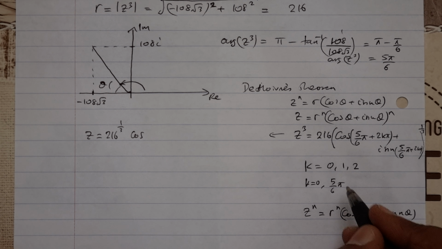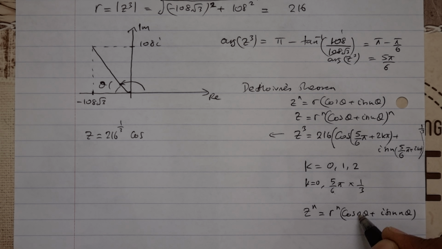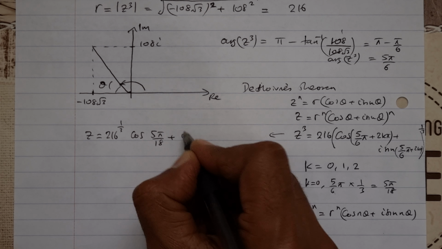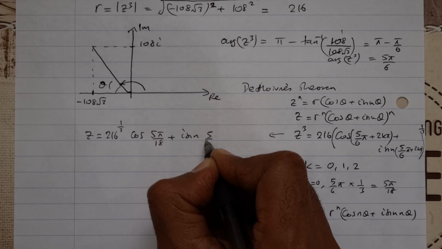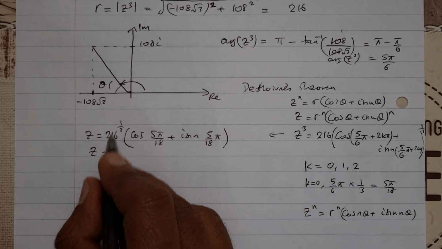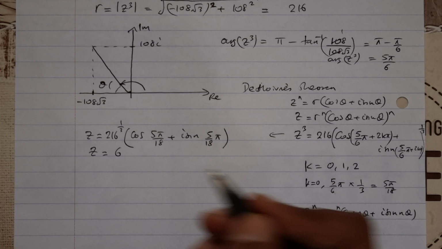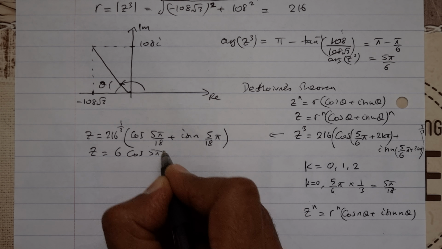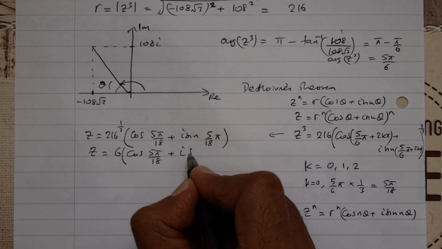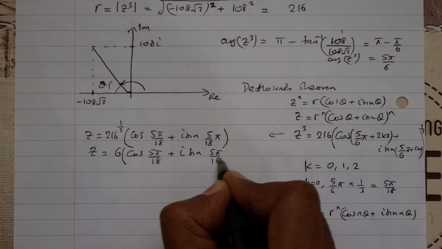Multiplying 5 over 6 pi by 1/3, I get 5 pi upon 18. So that's cos of 5 pi upon 18 plus i sine of 5 pi upon 18. That's my first answer. Simplifying, this becomes 6 into cos 5 pi upon 18 plus i sine of 5 pi upon 18.